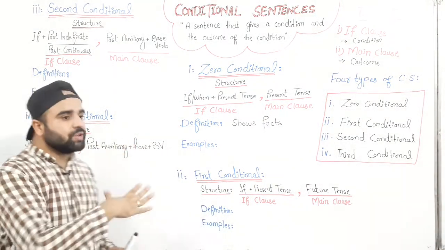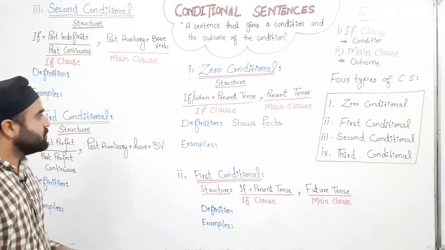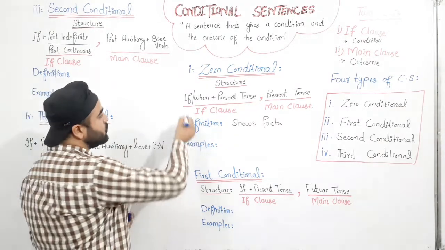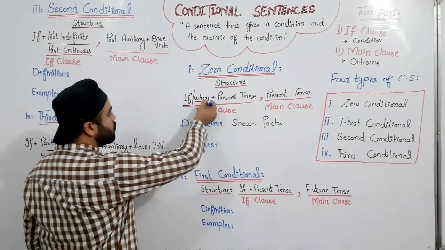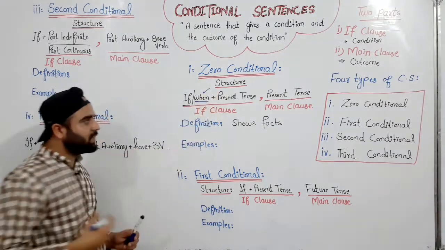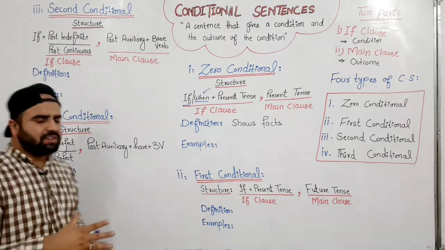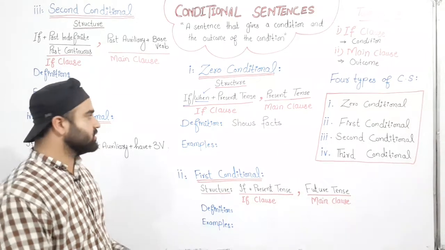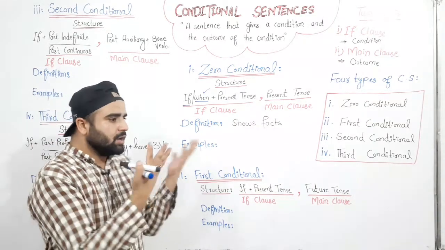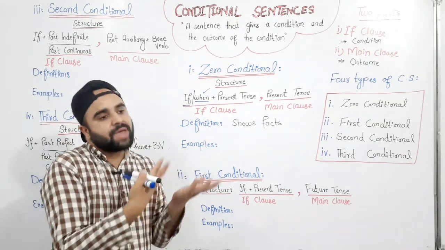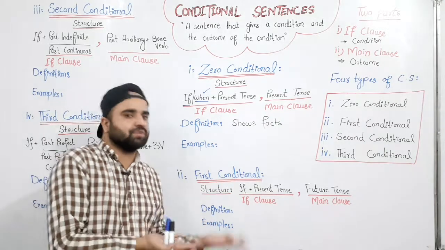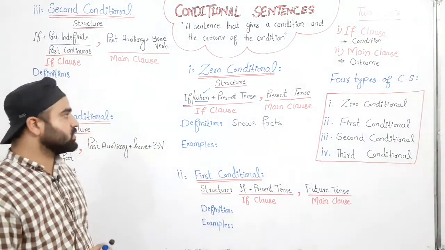This is the only conditional sentence in which you can use if or when, you can even use when in this conditional sentence, because it's not a real conditional sentence, since it doesn't show any condition that may have some impossibility. So it's always possible, right?